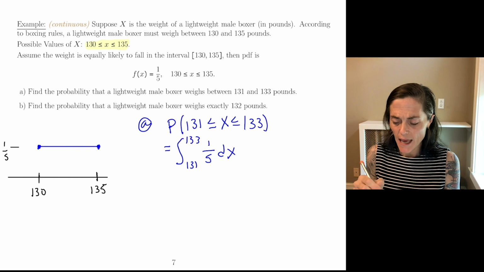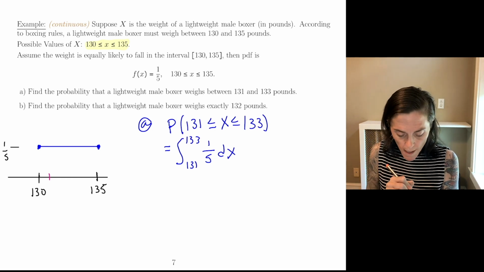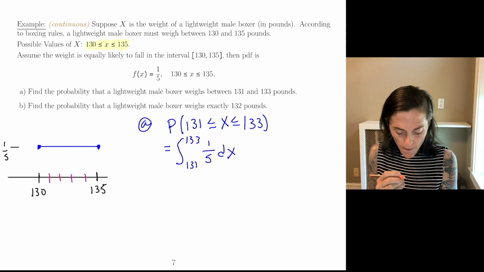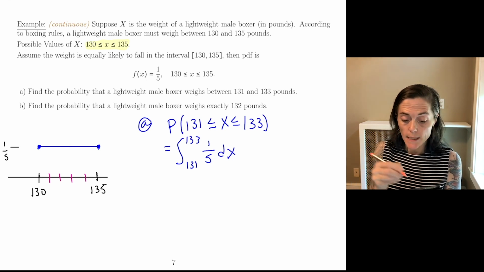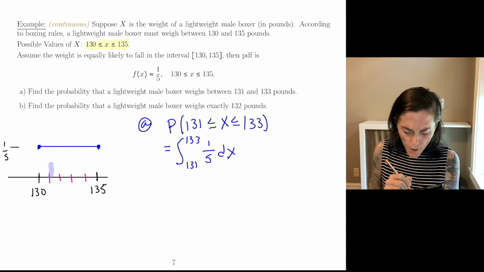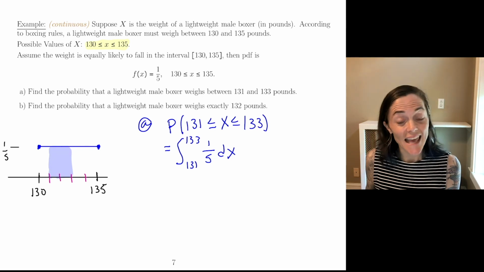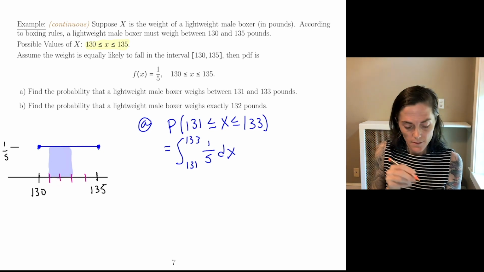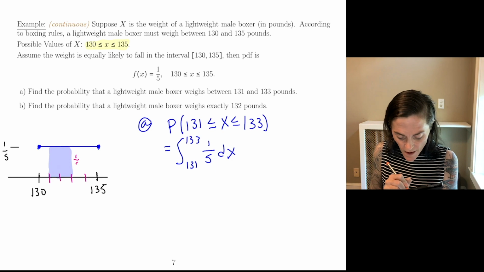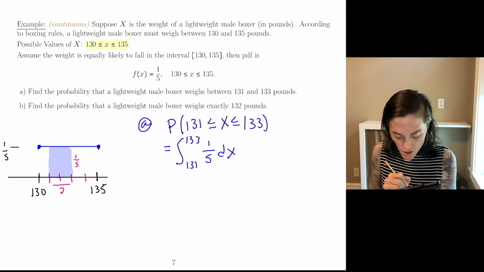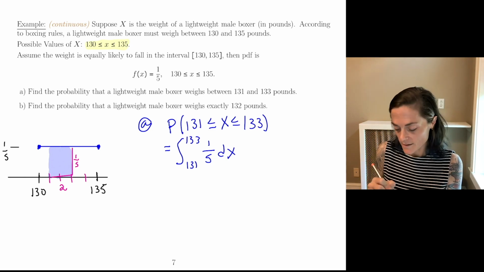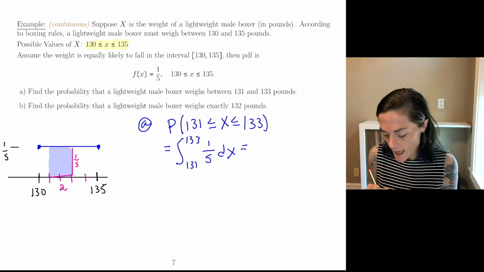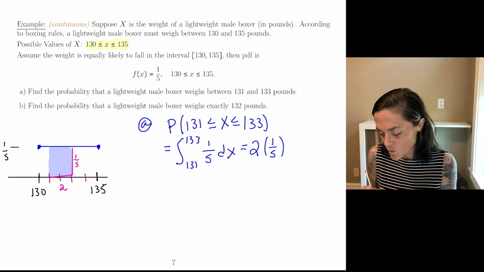But let's just do this using area. We can use geometry here. So if we have 1, 2, 3, 4, and there's 5, what we want is this area. We go from 131 to 133. Well, this is just the area of a rectangle. The height is 1 over 5, and the width is 2. So to get this, you could integrate. You could also just multiply, the area of a rectangle: 2 times 1 over 5. The answer is 2 over 5.